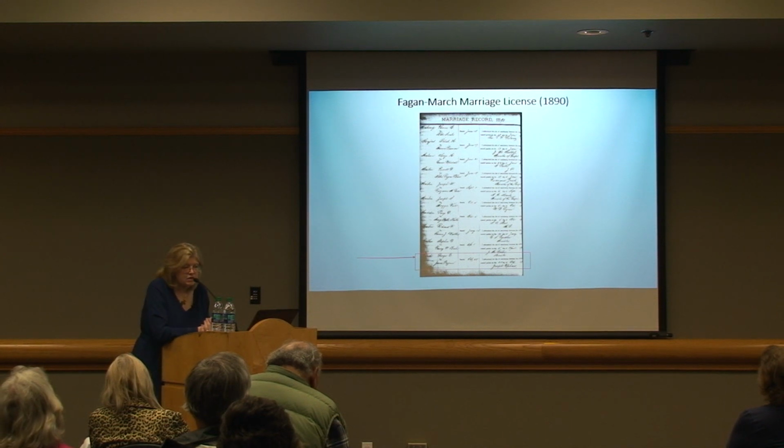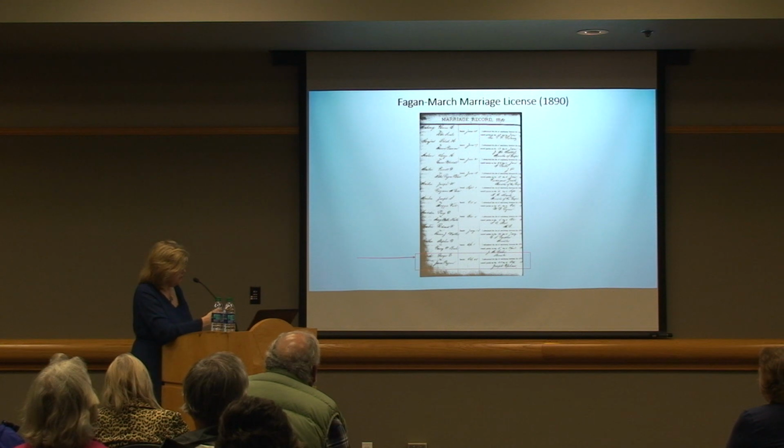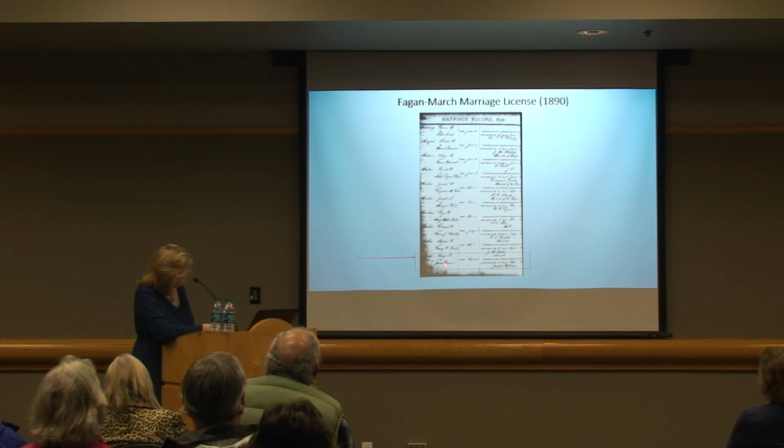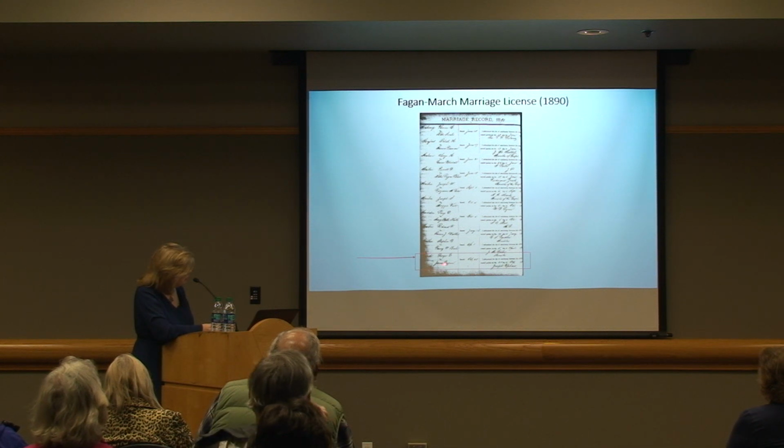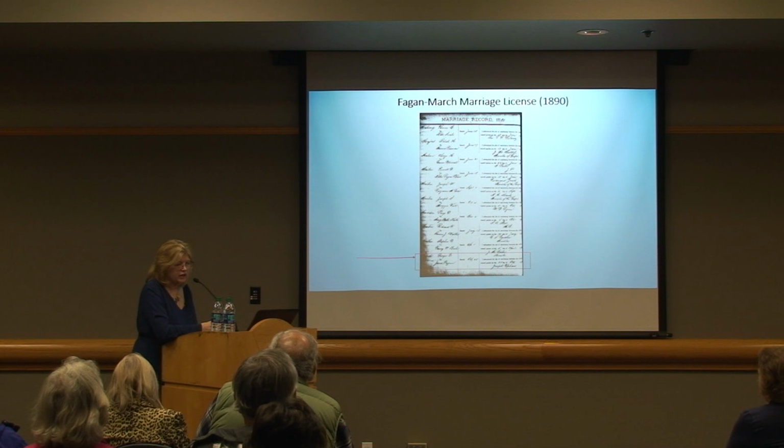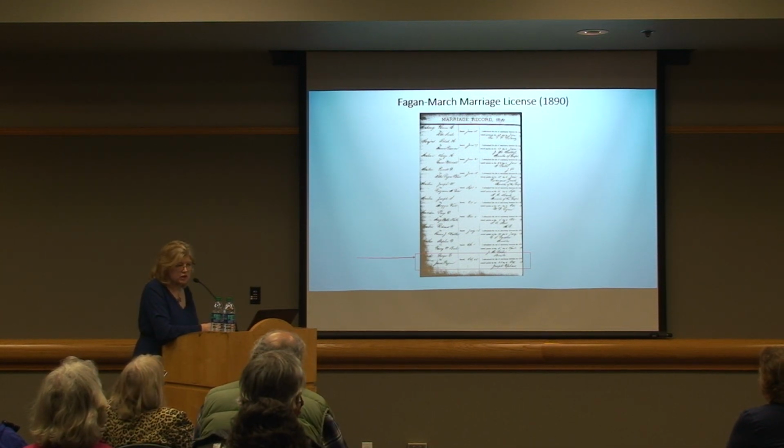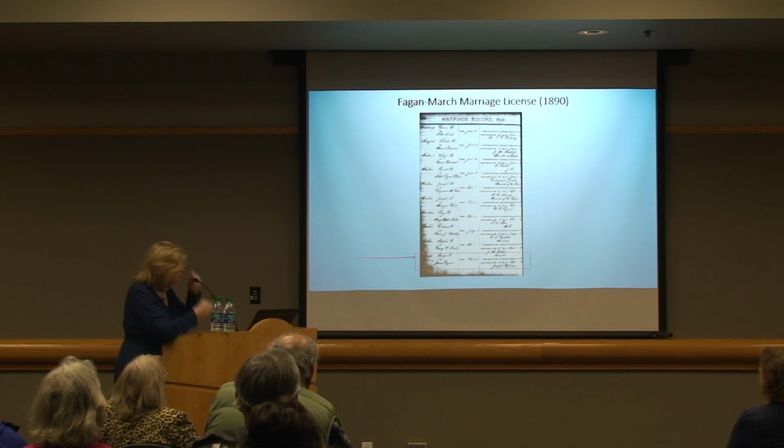Now, this image is one of only 2 documents I have on Jane Fagan. And I apologize for the condition of this. This was really bad when I came across this. Jane is the daughter of Richard Fagan, the day laborer that was in Nashville. Jane was also the older sister of my grandmother.